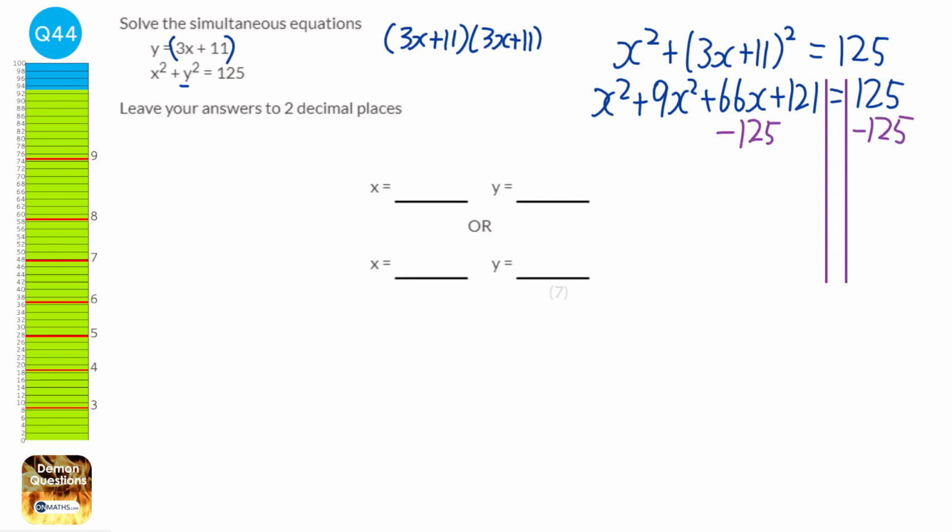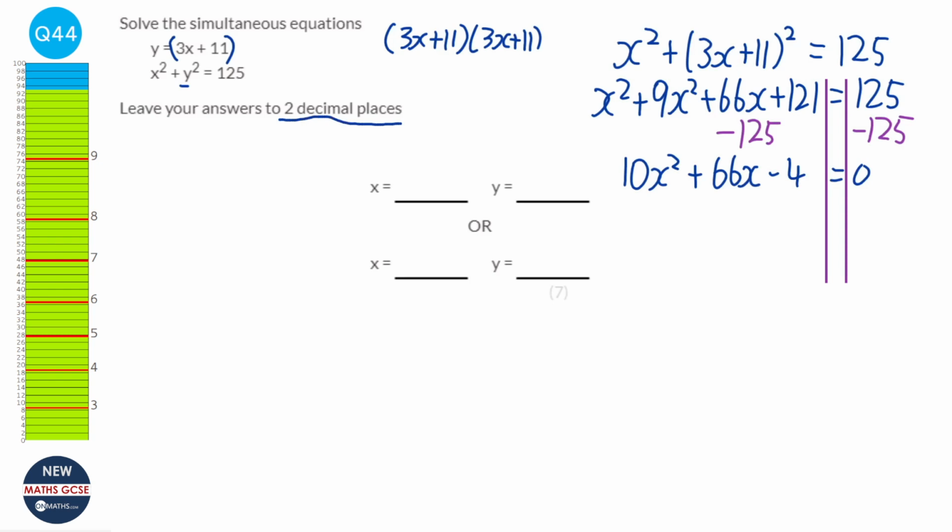So x squared plus 9x squared is 10x squared. We've got 66x on its own, and 121 take away 125, which is minus 4, equal to 0.